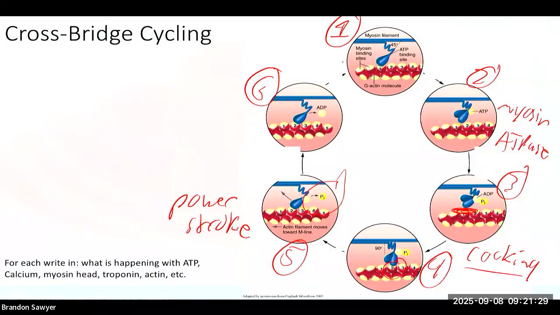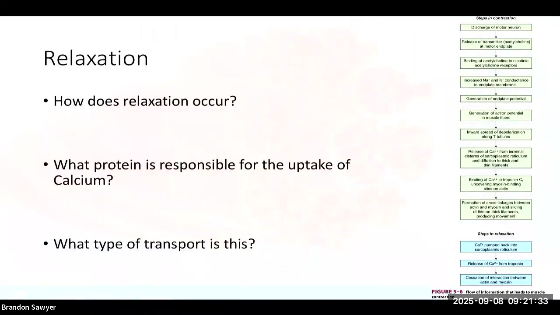Okay, let's just talk briefly about muscle relaxation. This is a nice flow chart from your book. The steps in contraction are there on top in green, but the steps in relaxation are there in blue on the bottom. So when we stop sending action potentials, or we slow down the frequency of action potentials sent down that motor neuron, then we stop releasing as much calcium, right?